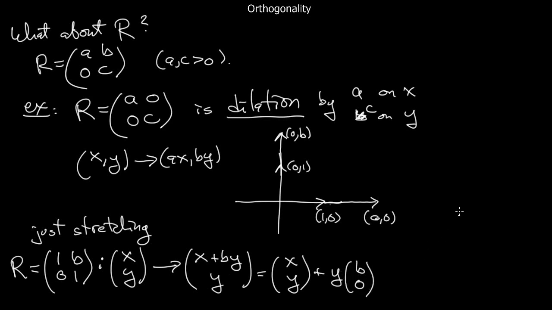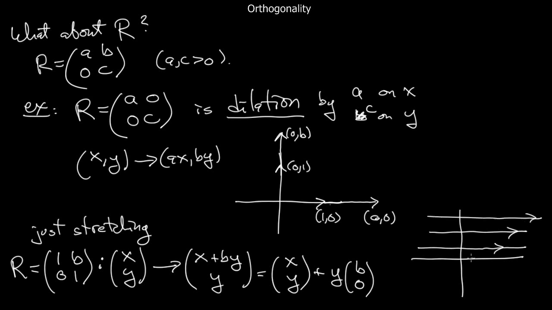It's taking your vector (x, y) and it's adding some vector in the x direction to it, this (b, 0) guy. And how much you're adding depends on y, so this is called a shear. It's sliding everything from right to left, and you get more and more sliding as you get away from the x-axis.